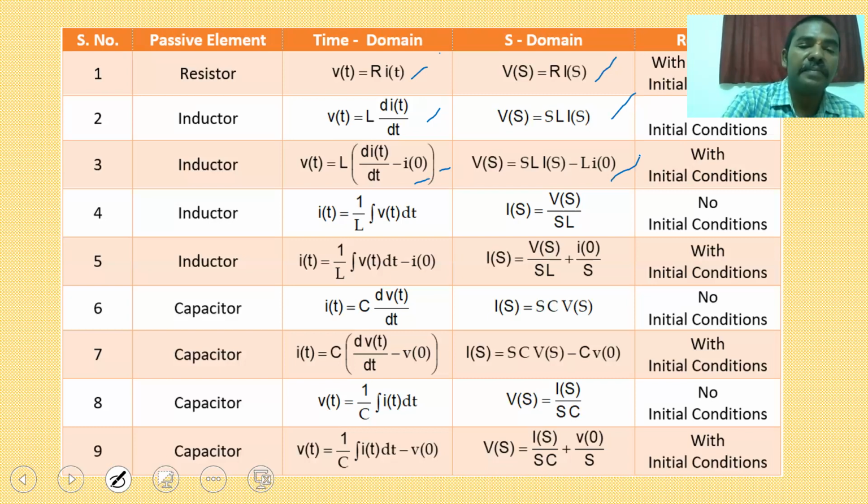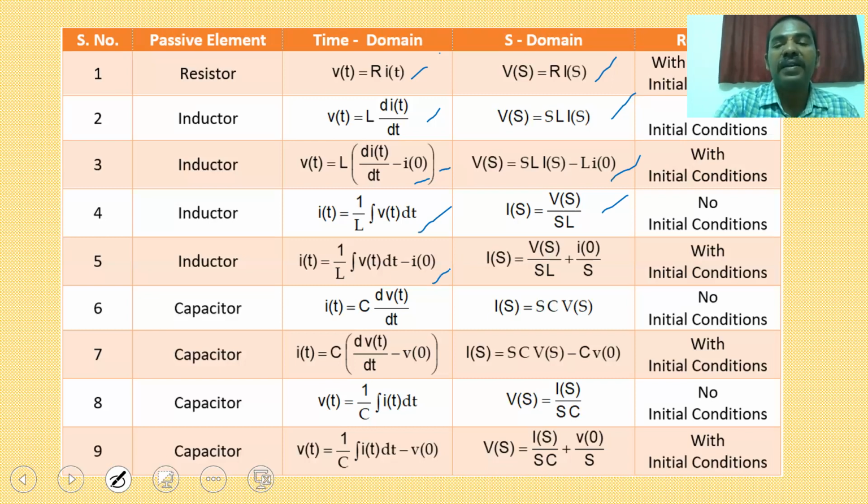Similarly for inductor current, i(t) is equal to 1 by L integral of v(t) dt. In terms of Laplace, I(s) is equal to V(s) divided by sL. For an inductor with initial condition, the current i(t) is equal to 1 by L integral of v(t) dt plus i(0).